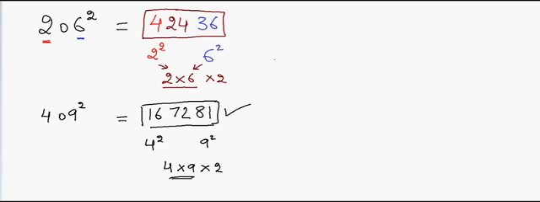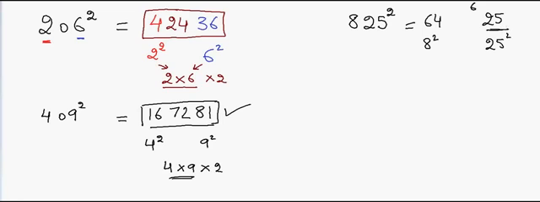Now if we have something bigger, I will give you an example of a carryover. Suppose I have 825 and I want to do a square of this number. This will be a little different, but the approach will be the same. So 8 square is 64, and then 25 square is 625, right? So we'll write 25 and then we have to carry a 6, because we can only use two digits at the end.